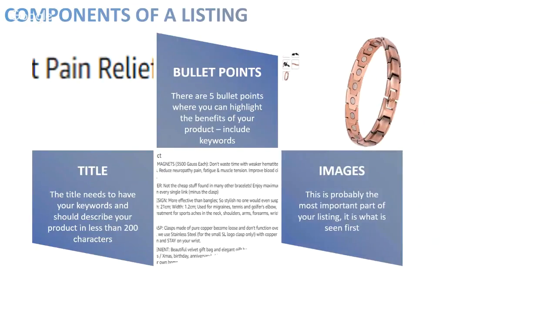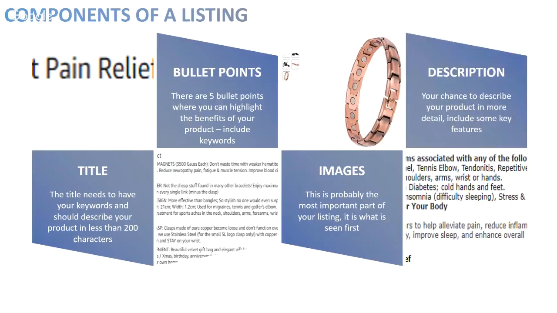Images, probably the most important part of your listing. Is this what is seen first, like I was saying earlier? And your description. At the moment, it's debatable whether any of the description is indexed, but I always like to put a good description in there.